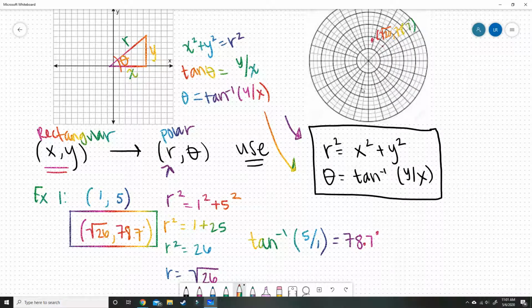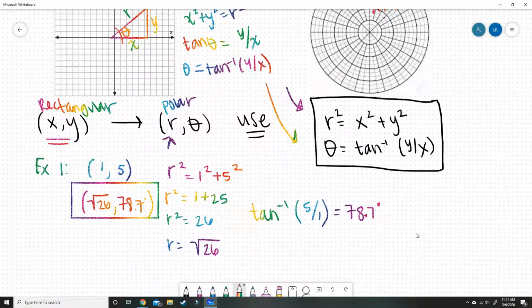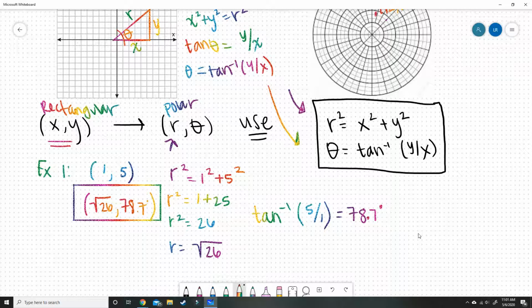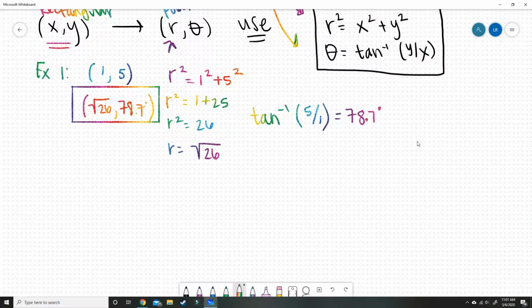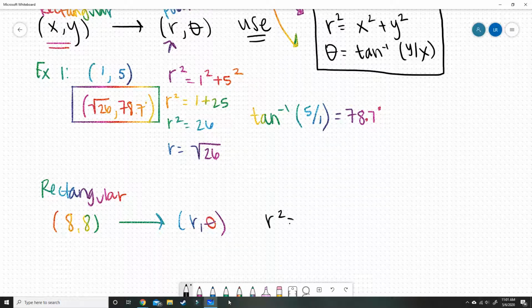Now, of course, we could do this in radians as well. We could figure this out in something in radians. Let's try to find a pretty one here. So let's say that we have the rectangular coordinate 8, 8. And we want to put that into a polar coordinate. Well, to get r, we are going to have to do r squared equals 8 squared plus 8 squared.